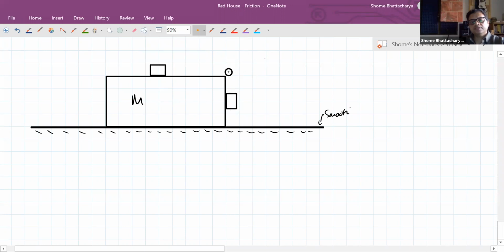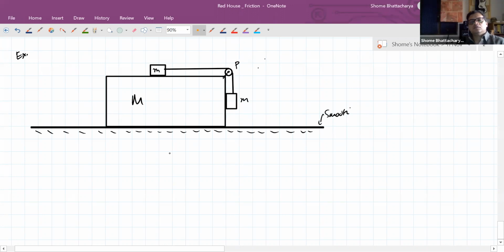So having a pulley attached to the wedge, a massless pulley, and these two blocks are connected by massless threads like this. So these two are of same mass.